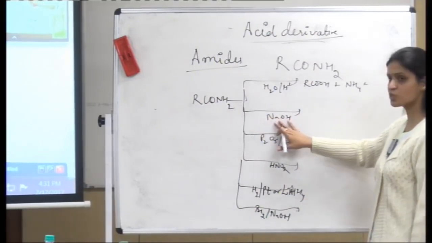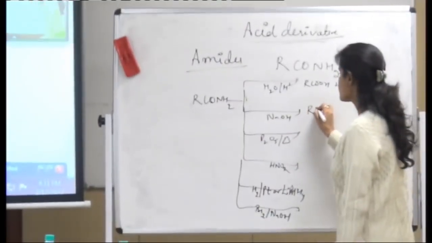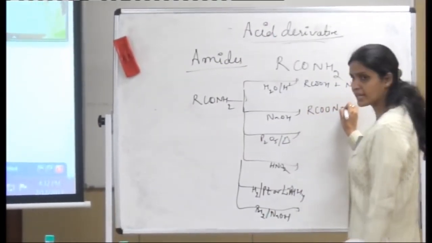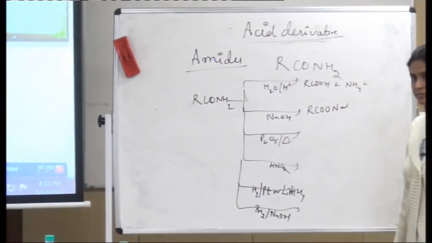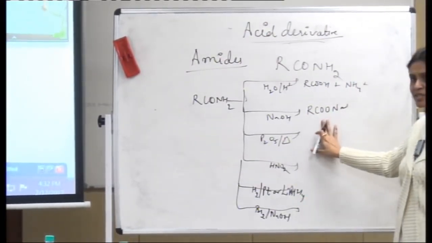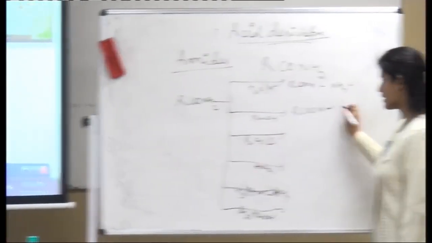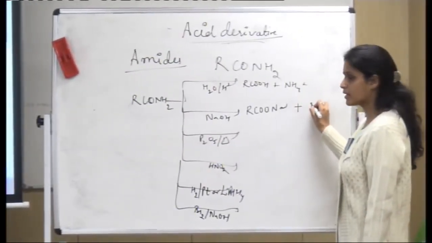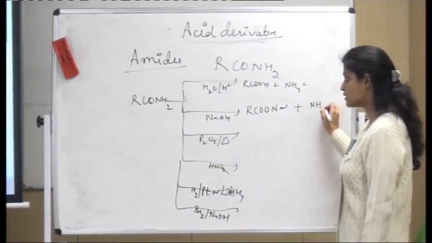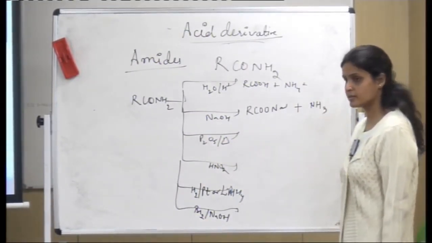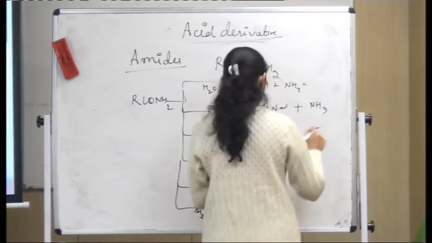With NaOH, what should be the reaction? RCOONa. It is getting back to the carboxylic form, but as the sodium salt of the carboxylic acid, followed by NH3, right? Or NH4OH, NH3, right?